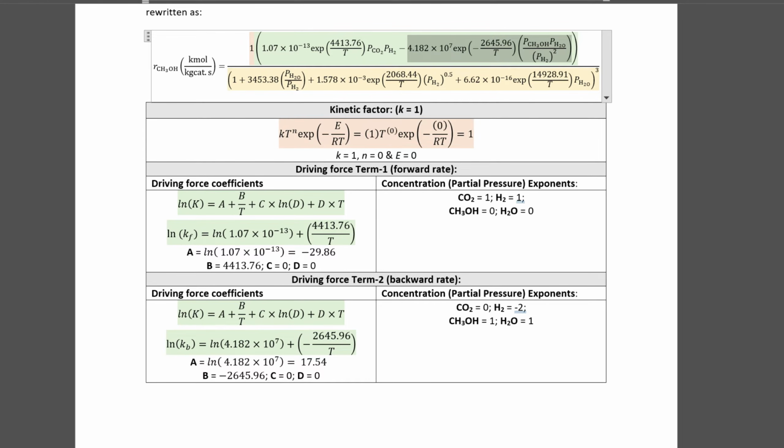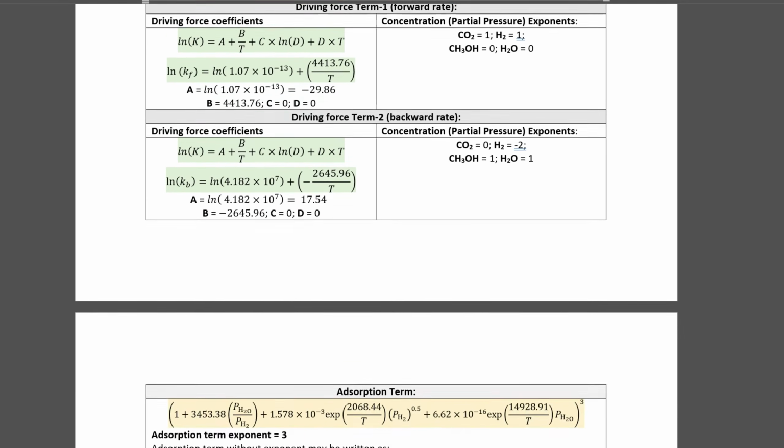Similarly, you need to define the concentration exponents and the coefficients A, B, C and D for the adsorption term as well. In the denominator, you can notice 4 different terms separated by plus sign. So all these terms will have separate values for the coefficients as well as the concentration exponents.